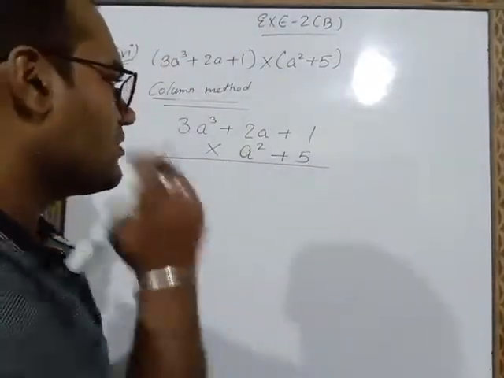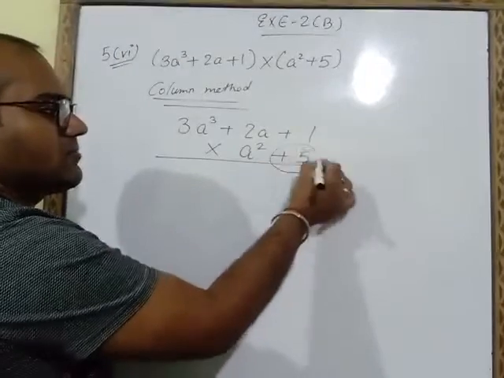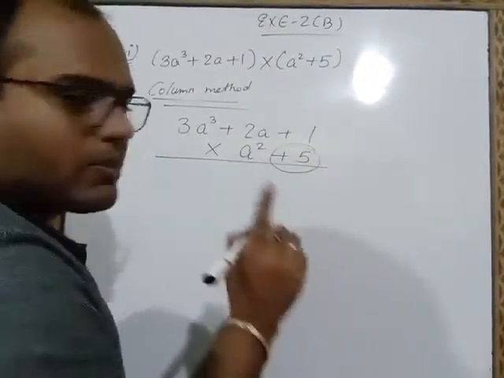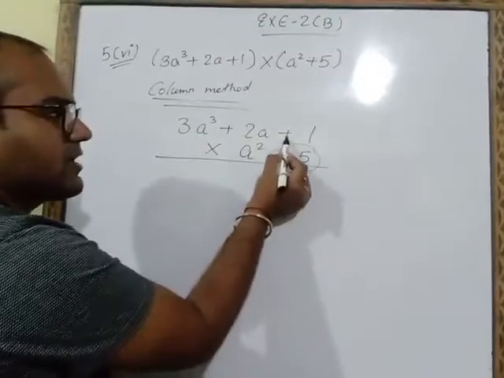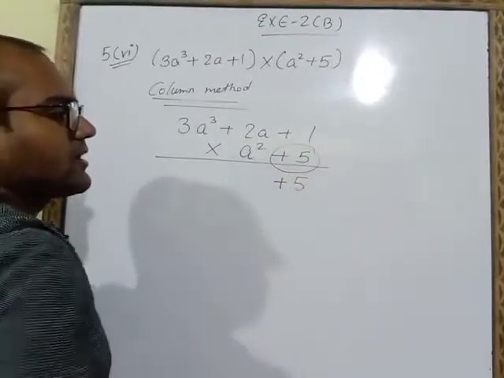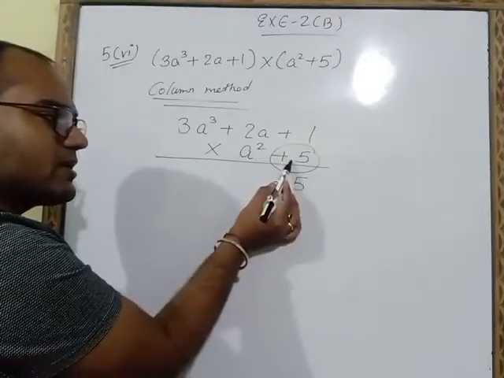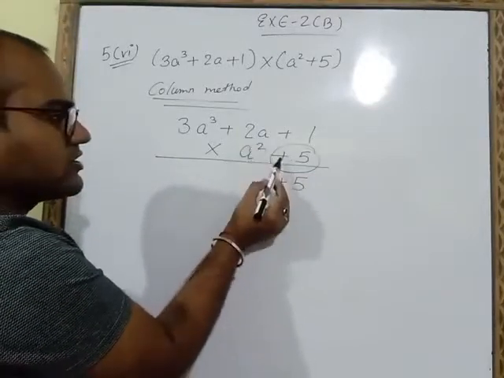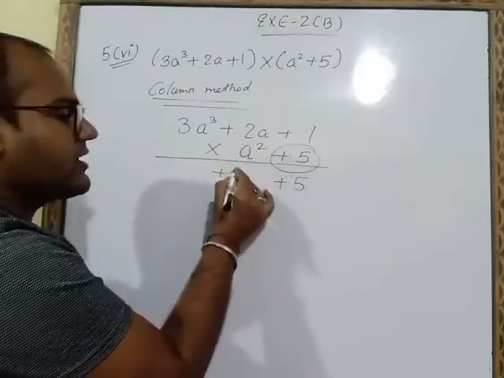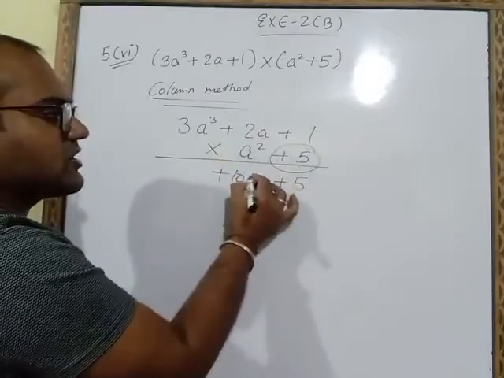First of all, this last term we have to multiply with the full algebraic expression. So first we will multiply the sign: plus multiply plus 5, 1 times 5 is 5. Now again this number we have to multiply with plus 2a. So plus multiply plus, 5 multiply 2 will be 10, and a is also there, so we will write a.